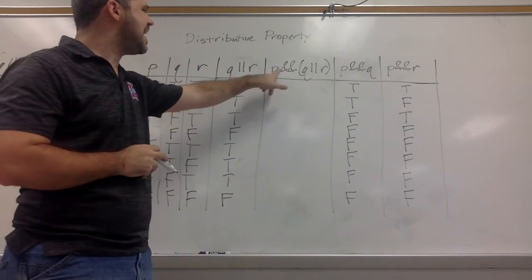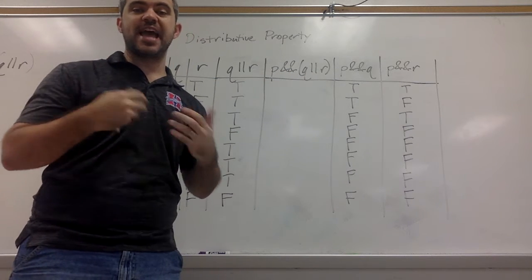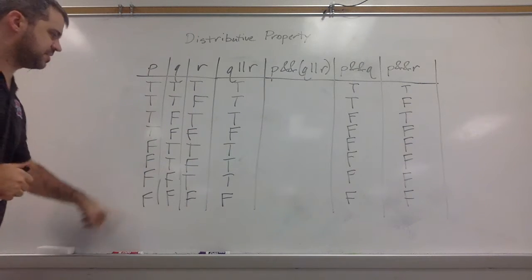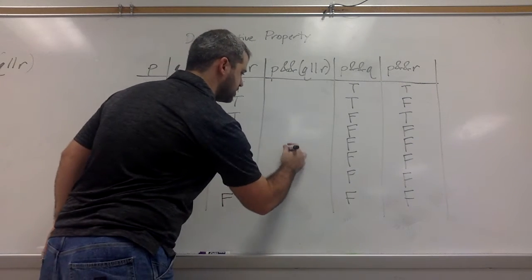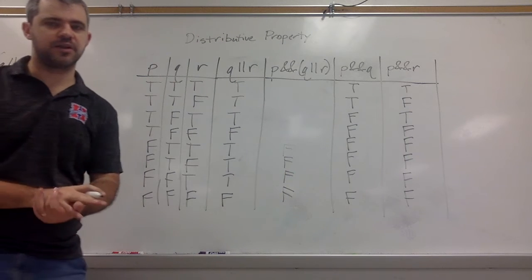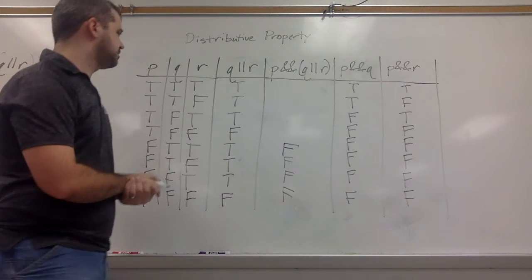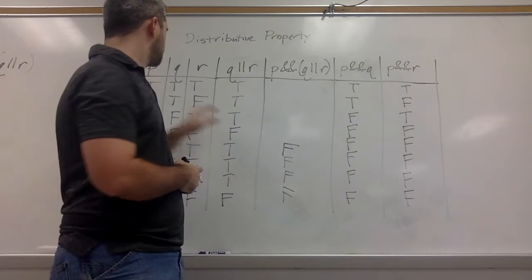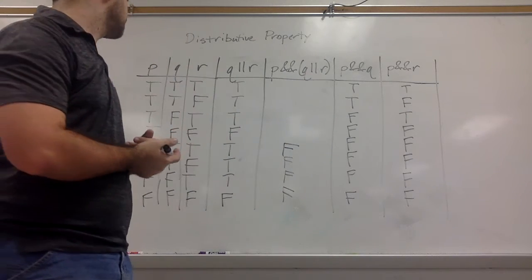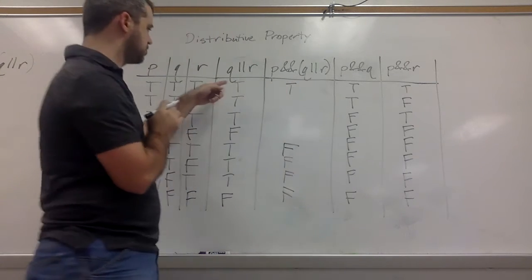So P and (Q or R). Now, this is an and, so we need P to be true. So if P is false, we're already hosed. So these bottom 4 aren't going to cut it for us. Okay, make that a little darker. So if P is true, now we need Q or R to be true. In this case, they're both true, so the or will be true.